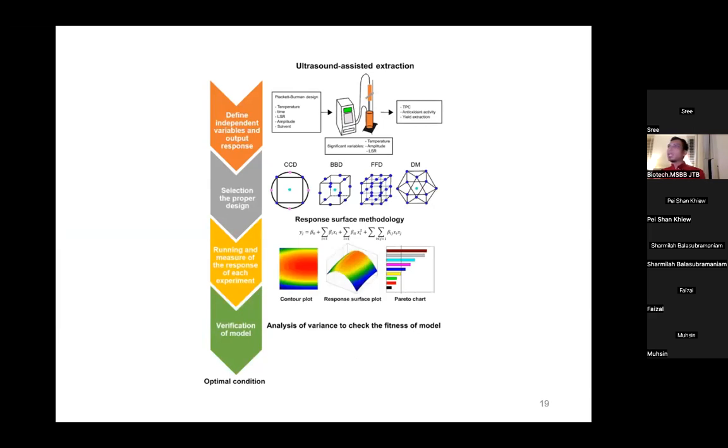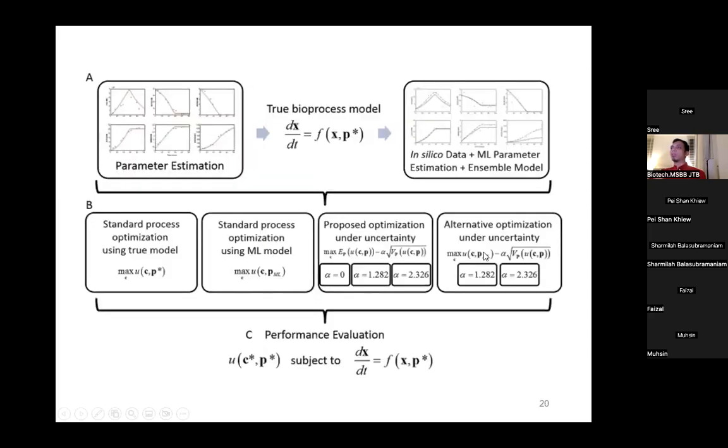So this is an example of how to do the simulation data. For ultrasound assisted extraction, we use the CCD or different types of design methods in order to conduct what we call pre-experiments to come up with the simulative data. Then we can generate the simulation. These are types of optimization.